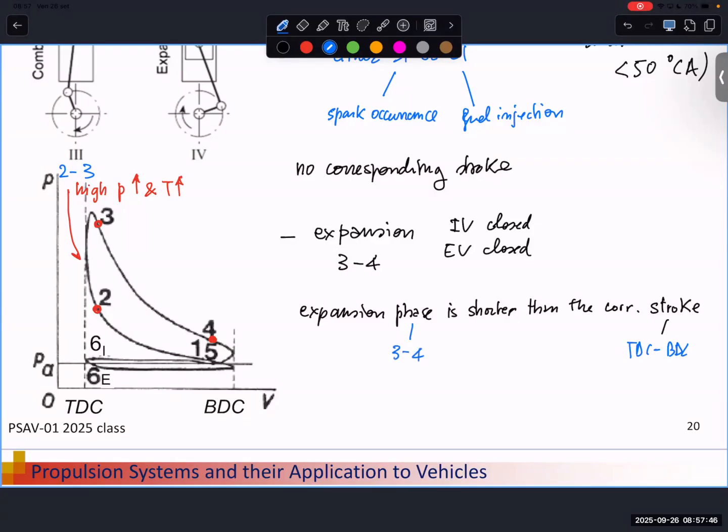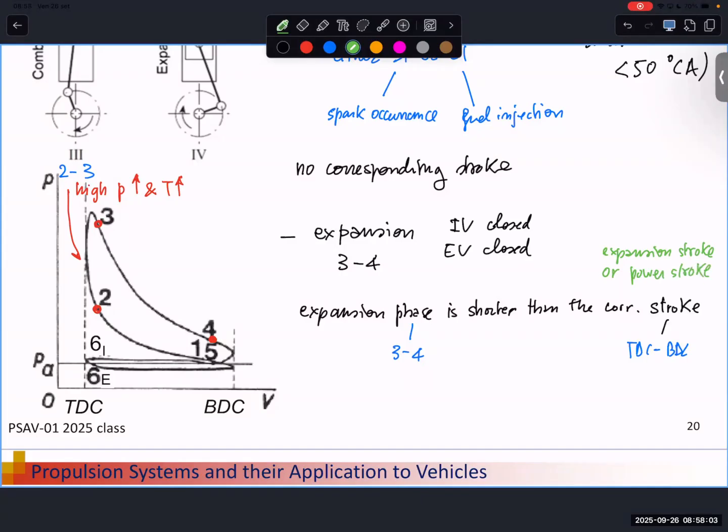This stroke is also called power stroke. So we can talk about expansion stroke or power stroke.